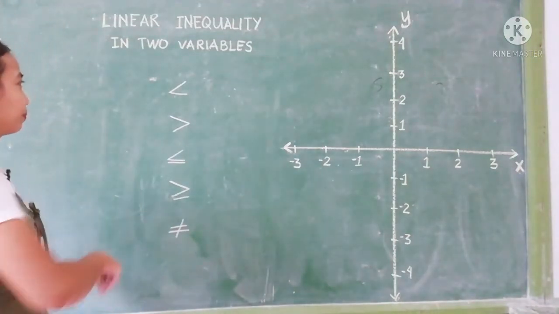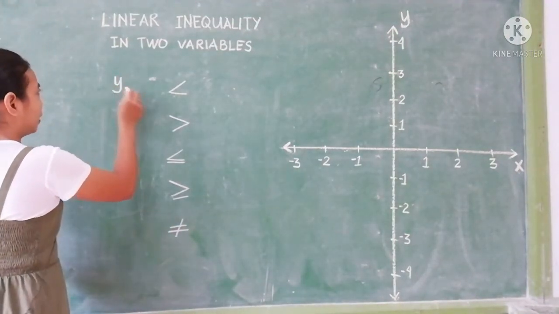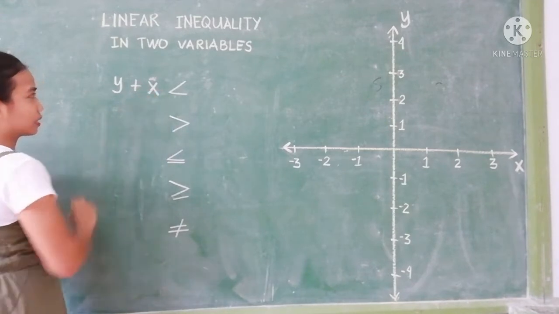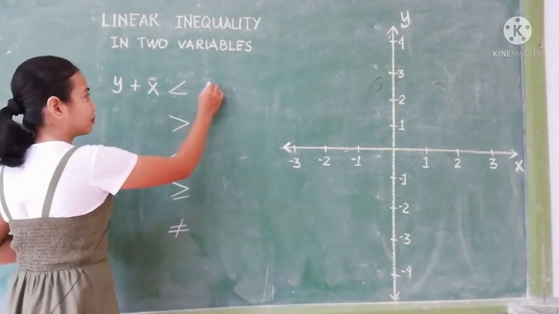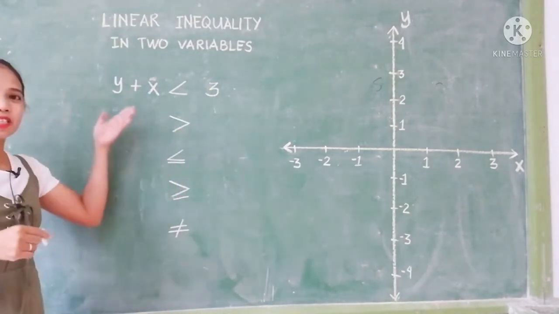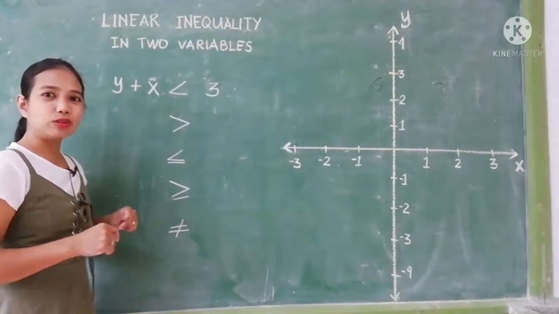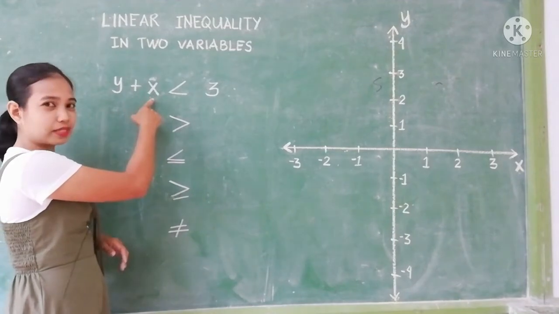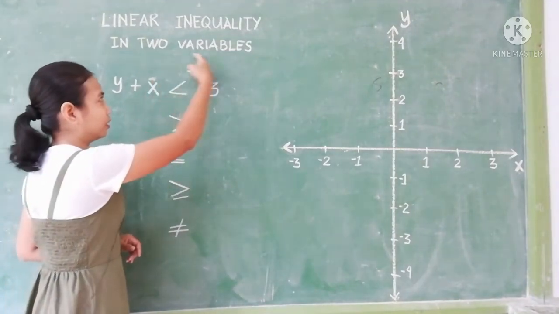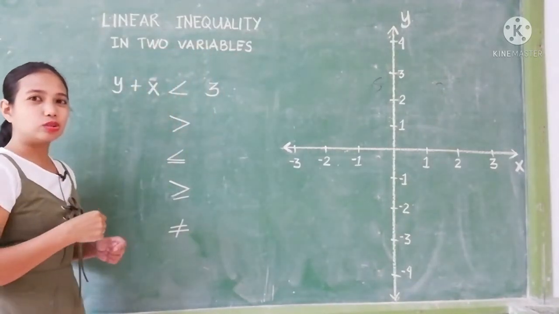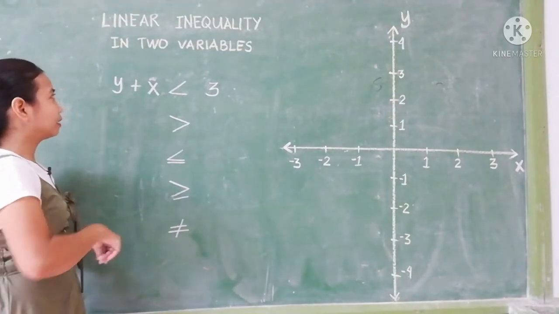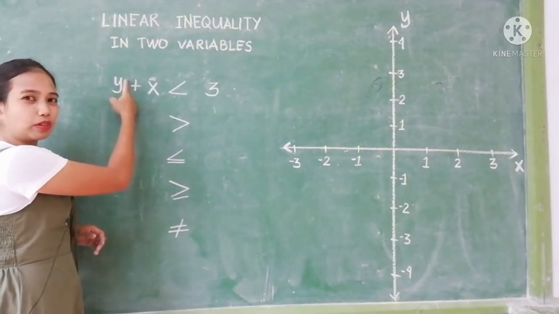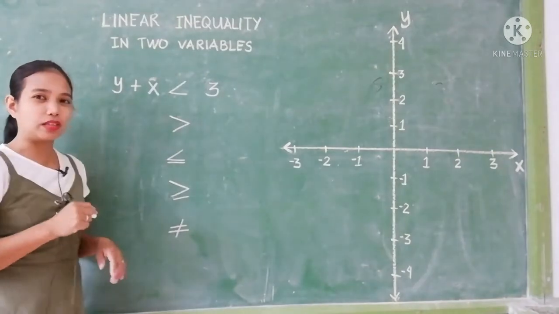Example, y plus x is less than 3. In this mathematical statement, meron tayong dalawang variables, which are y and x. So, ito ay ang ating ibig sabihin ng two variables. And, kung mapapansin nyo, walang exponent yung y at wala ring exponent ang x.